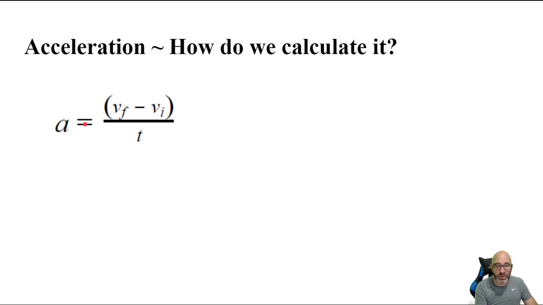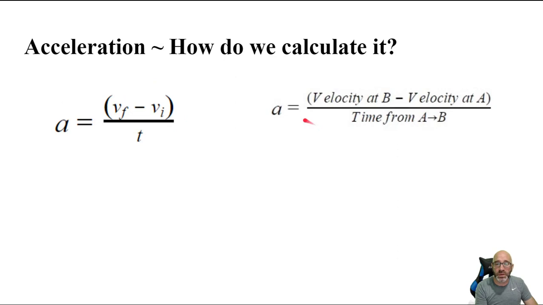A equals open parenthesis VF minus VI close parenthesis divided by T. And it looks kind of scary, but if I use more words, I can say that acceleration equals the velocity at point B minus the velocity at point A divided by the time it takes to go from A to B.